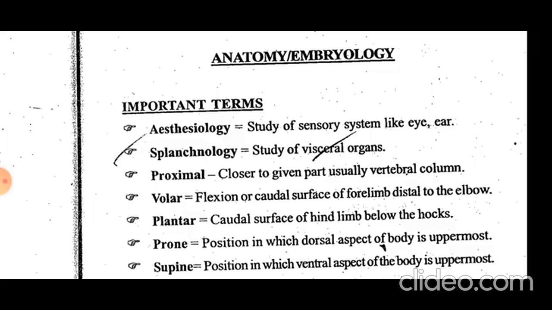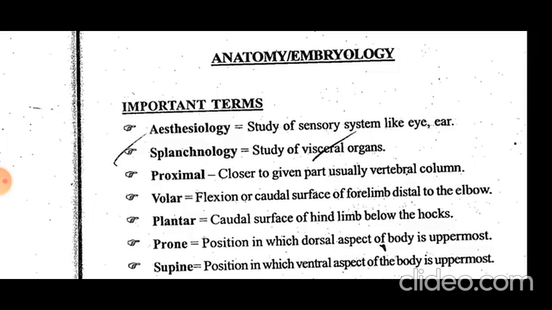Volar is the flexion or caudal surface of the forelimbs distal to the elbow. Usually volar refers to the area of the metacarpals and phalanges. Volar is the part of the metacarpals and phalanges, and plantar is the part of the metatarsals and phalanges.